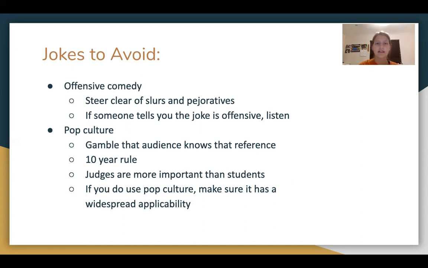In the end, the judges are the ones who need to understand your jokes. The students might think it's funny, and that's fine and all, but you have to remember the judges are usually not your age, and they're not going to understand the same pop culture references that you do. If you do use pop culture, make sure that it's pretty obvious that everybody is going to understand it no matter their age. So just make sure to think about your audience.